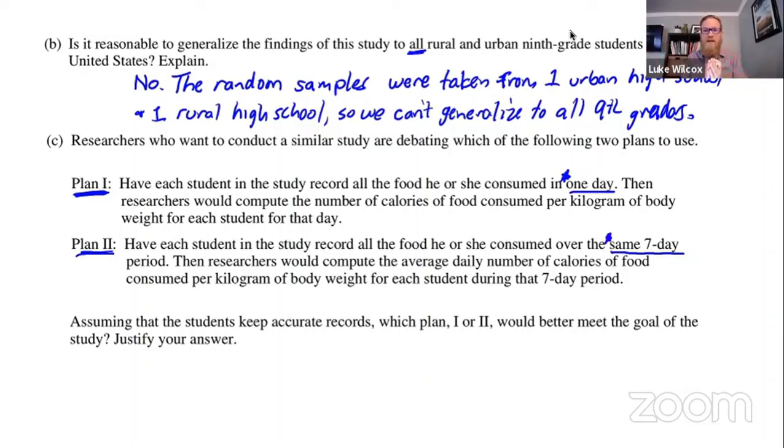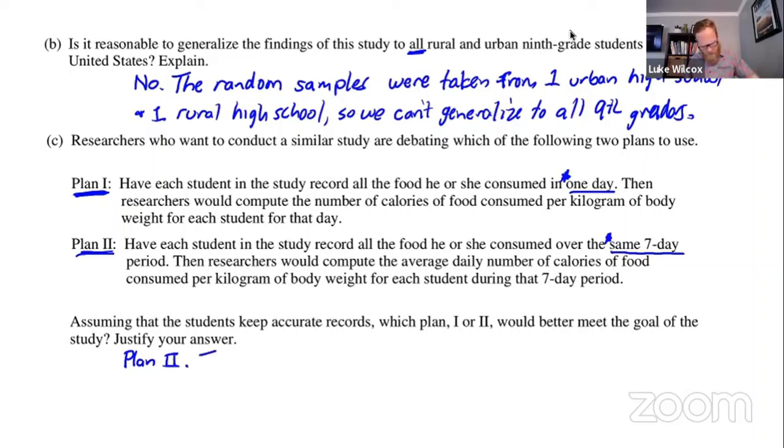And that is going to be a much more precise measurement of daily caloric intake than the 1 day. So we definitely want to say that we like plan 2 better here. And then we have to explain why. And so I'm going to say that the reason it's better is because we're going to get less variability. If we only pick 1 day, that could be high, could be low. But if we pick the average of 7, it's going to be much less variable.